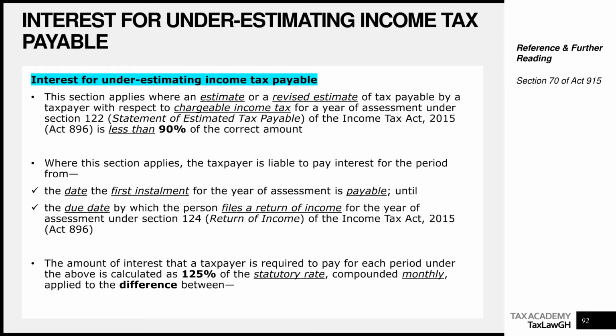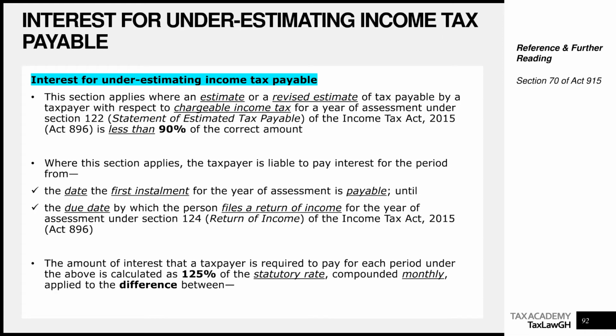That's all. So you are given a 10% margin of safety to make mistakes, for which penalties and interest will not apply. But if you breach this 10% margin of error, then we say you are not accurate enough. We gave you 10% room to operate, you couldn't even do it. And it's kind of interesting because the law allows you to revise your estimate as often as you want within the year to ensure that you get the right amount.